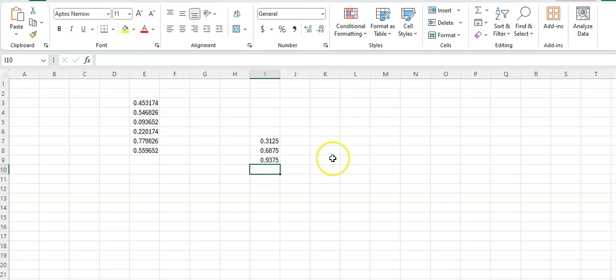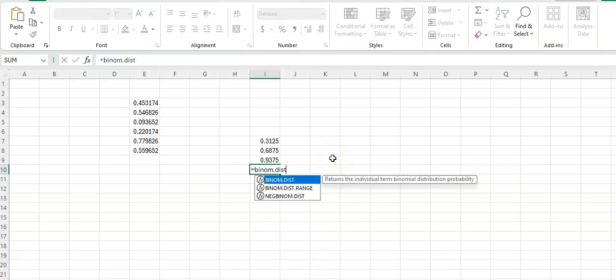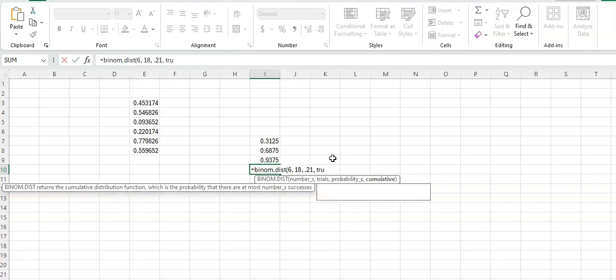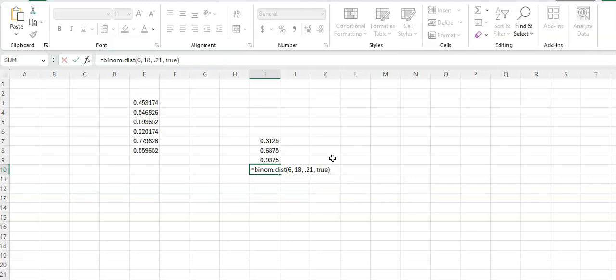We're going to do equals our binom distribution, and we're going to go one less than our number of successes. So our number of successes was 7, we're going to do 6, and our number of trials was 18, and our probability was 0.21 and true. And that is going to give us the probability that x is less than or equal to 6.